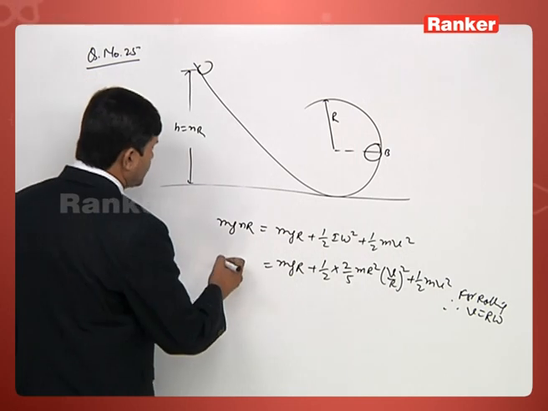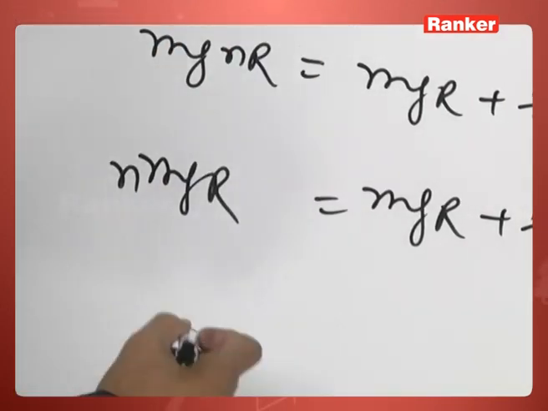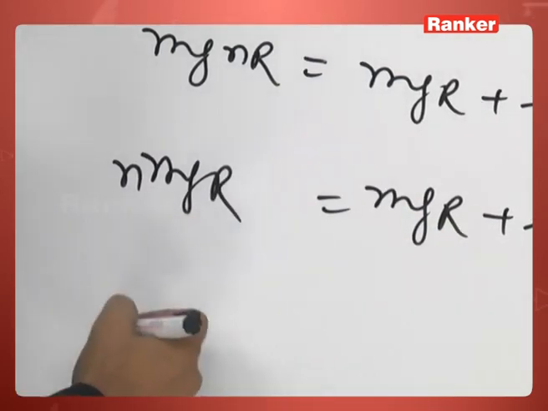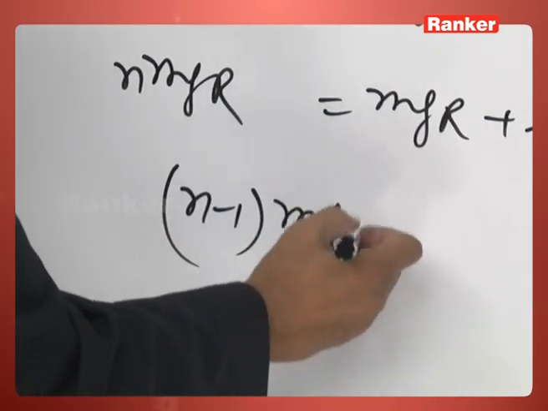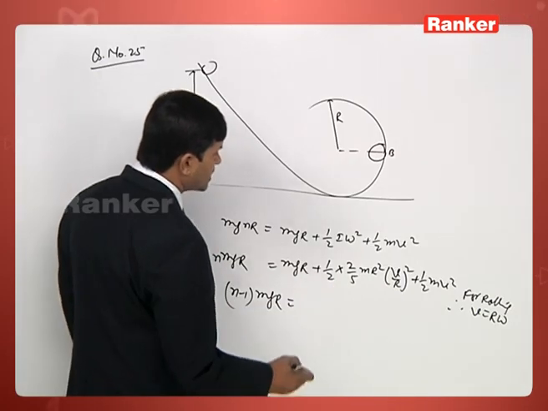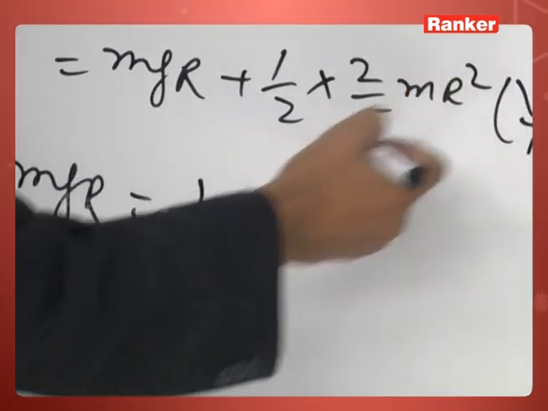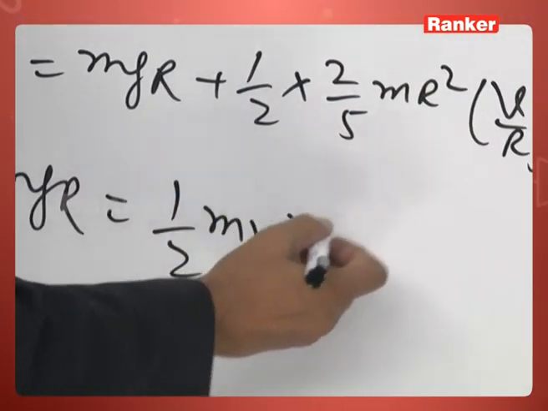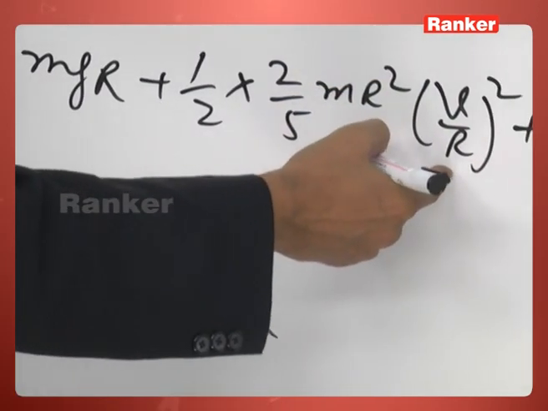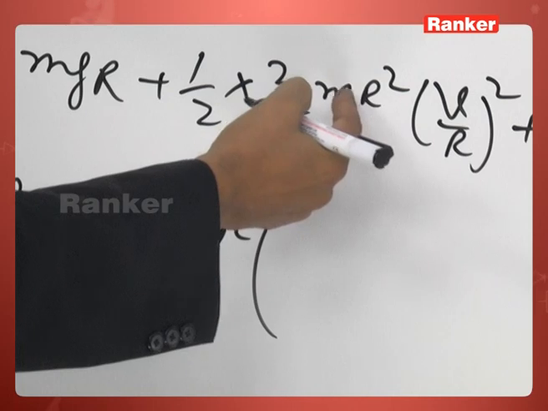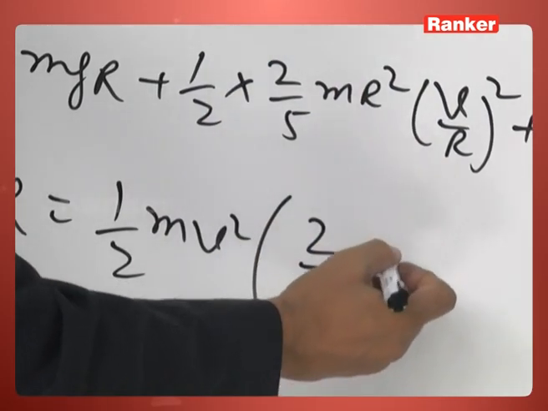Then simplify: mgr into n times. Then we can bring this to that side. n minus 1 mgr is equal to 1 by 2 mv square, taking it common, r square cancels. This will be 2 by 5 plus 1.